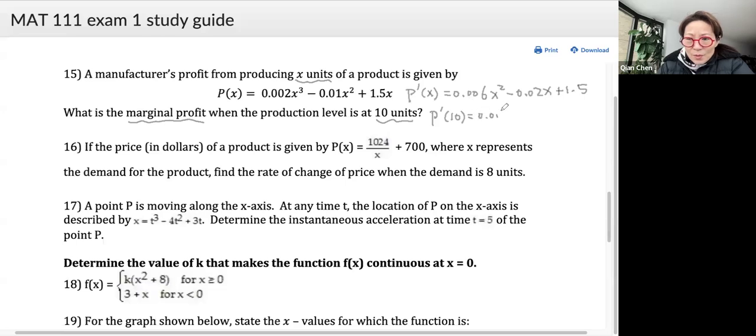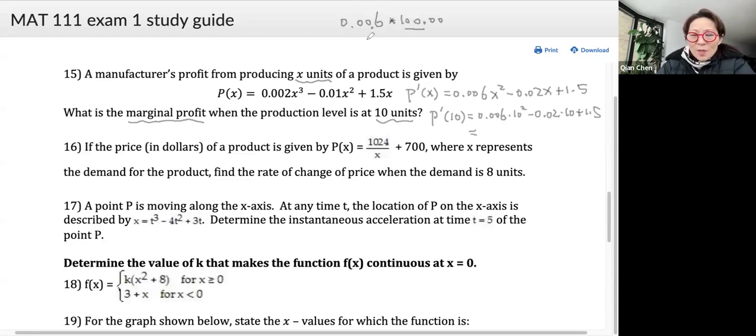So 0.006 times 10 squared minus 0.02 times 10 plus 1.5. Well, 10 squared is 100. So 0.006 times 100. Two zeros here, because the decimal point is here, you can add zeros. That's still 100. Two zeros before the decimal point will move the decimal two places, or you can think of it as enlarging this number 100 times bigger, or you can use a calculator.